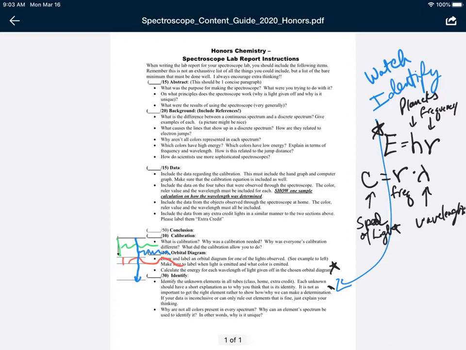Therefore, it cannot be whatever. So it's fine if you can't totally identify them. Go ahead and say, I've narrowed it down, or the data indicates that this tube A could either be helium or neon because blah, blah, and blah. And if you can't go any further than that, that's fine. Narrowing it down is good.